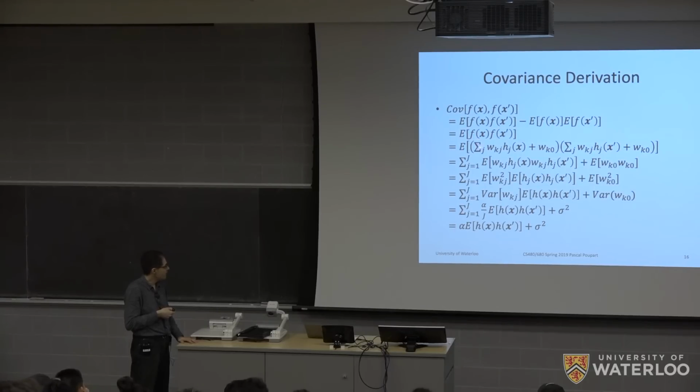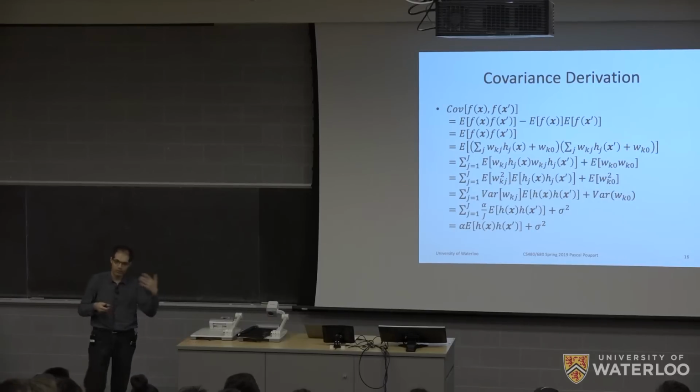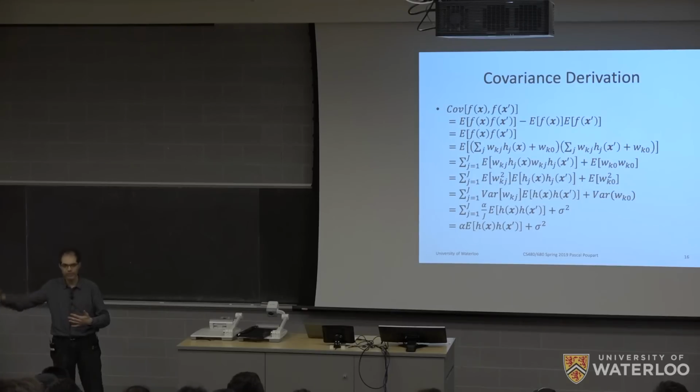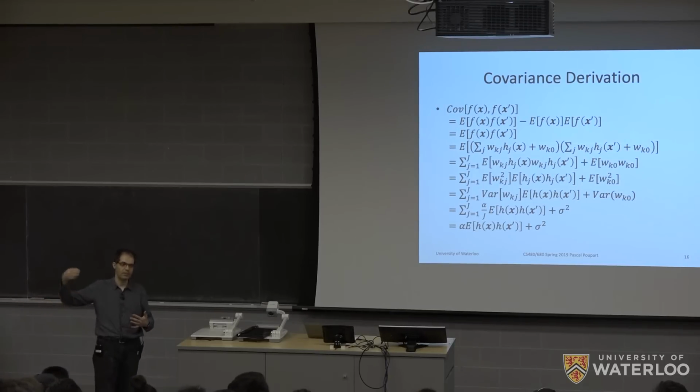And now I can replace f by its definition. Then I can push the expectation inside the summation. Then I can separate the terms that are independent so that I have a product of expectations. After that, I can notice that the expectation of w squared is in fact equal to the variance, because normally the variance is the expectation of x squared minus the square of the expectation of x, but the expectation of x is 0, so that's why the expectation of the square is equal to the variance.